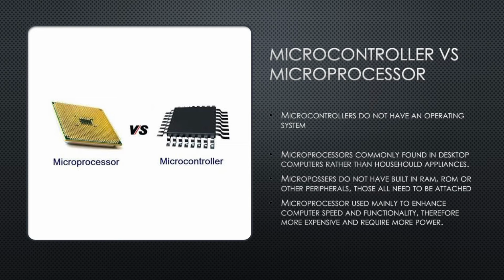Also, when anybody wants to build a PC or any type of computer, a microprocessor doesn't have built-in RAM or read-only memory or any peripheral devices like a mouse or a keyboard. Those all need to be bought separately and attached. Also, as mentioned earlier, microprocessors are only really used to enhance computer speed and functionality. Therefore, they require a lot more power and can tend to be more expensive than a microcontroller.